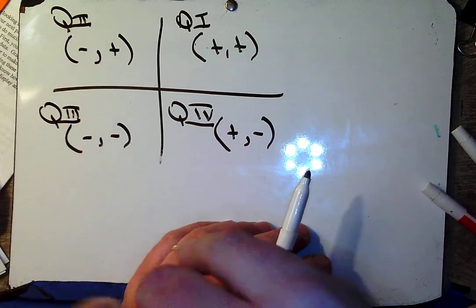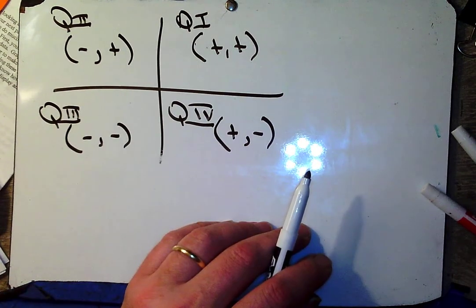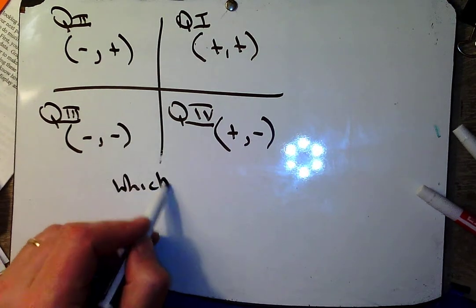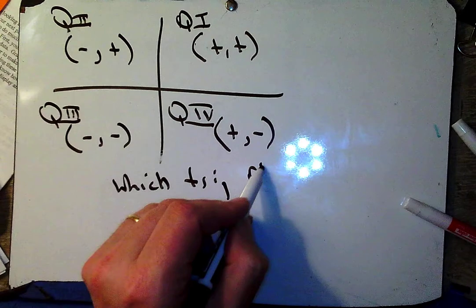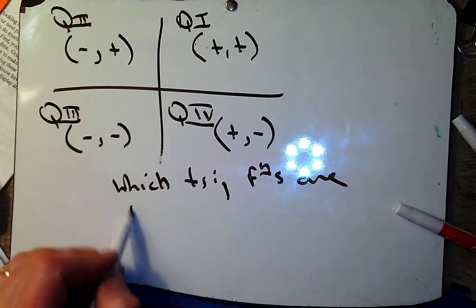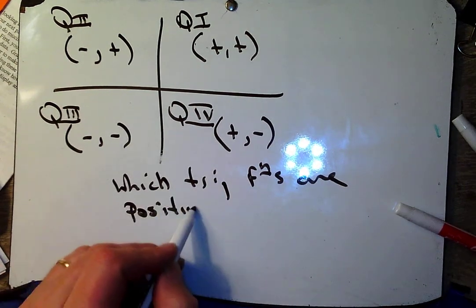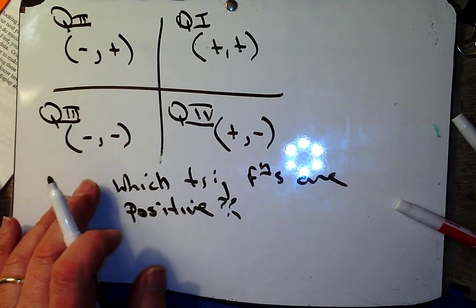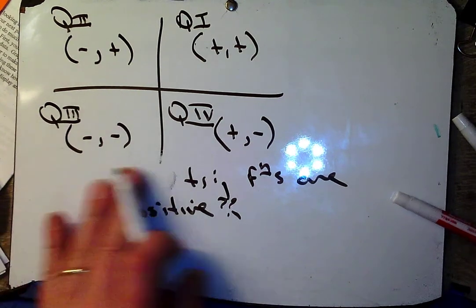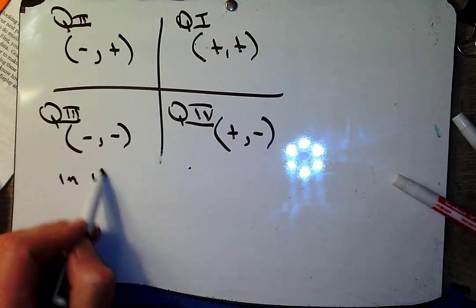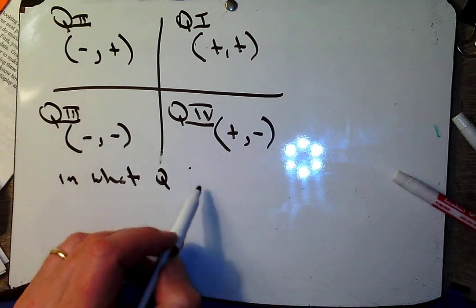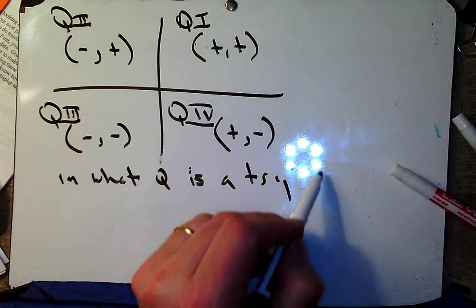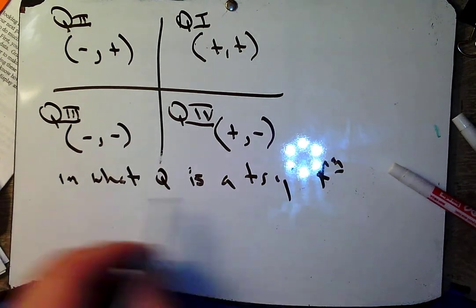Now, with that in mind, I want to know in what quadrant is each trig function positive.